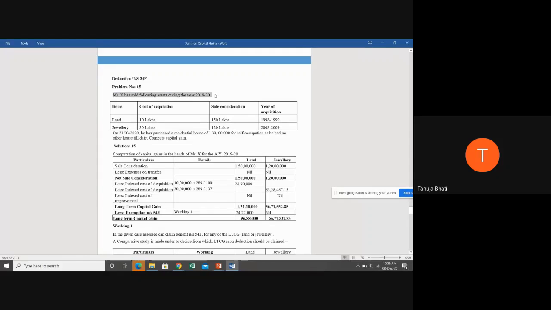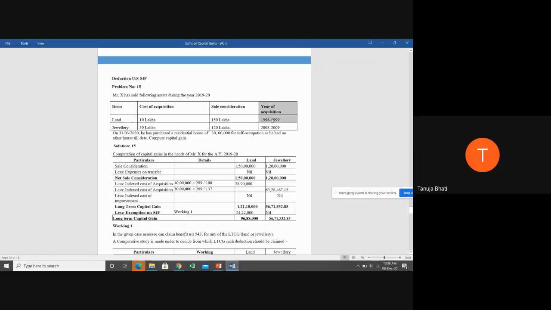Mr. X has sold the following assets during the year 2019-20. Sorry, cost of acquisition of land is 10 lakhs and cost of acquisition of jewelry is 30 lakhs. Sale consideration for land is 150 lakhs. Sale consideration for jewelry is 120 lakhs.